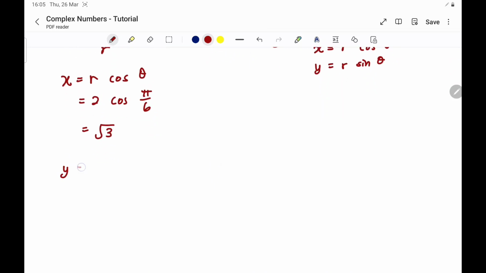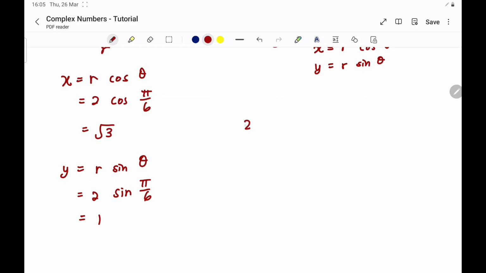And then you can find y, which is r sine theta. Here you put 2 sine pi over 6, sine pi over 6 you will get 1. So here you already got everything.